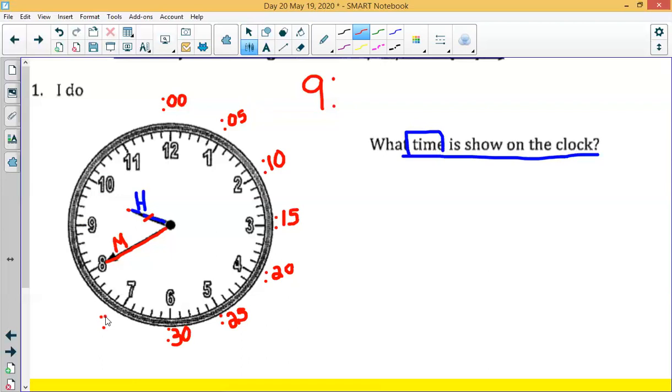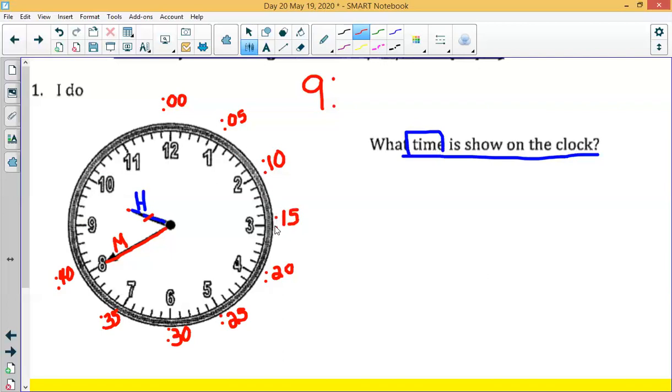Okay, you're at 7. We should be at 35. So when we get to 8, we know 8 would be 40. So remember, we're counting by 5s. So when we get to every number, remember 12 is 0. When we get to 1, that's 5. 2 is 10.